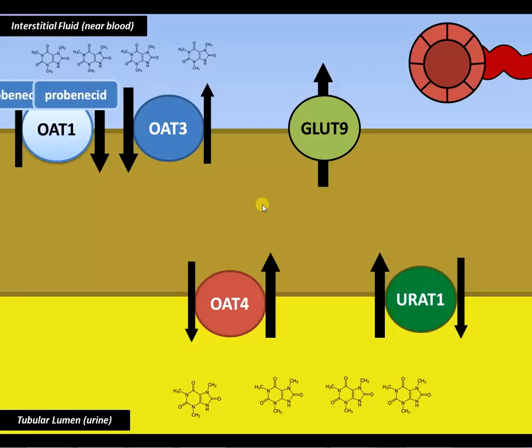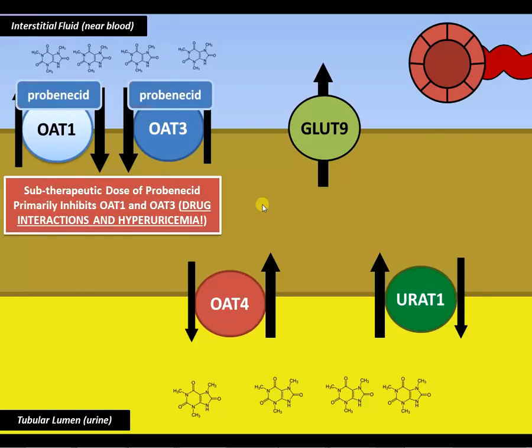So if we add probenecid as our example here, again, that's a much older drug than the new one, Lesinurad. Probenecid actually blocks all four of these: O1, O3, O4, and Urate1. Now, it has a much higher affinity for O1 and O3.